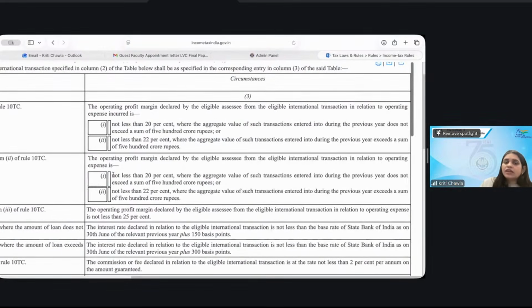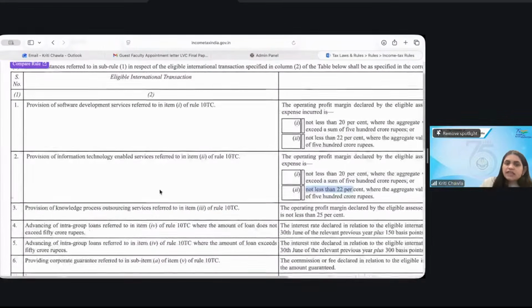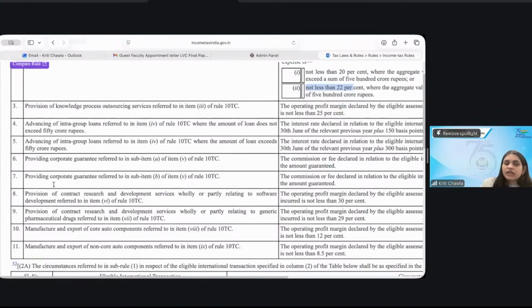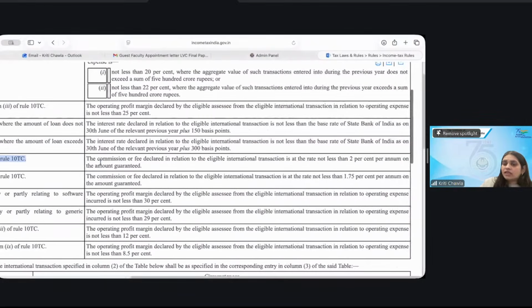They have provided not less than 20%, not less than 22%. Then they have done the same thing. If you see, these are the kind of transactions for which they have provided this. This is knowledge process outsourcing. So KPOs they have provided. Advancing of intragroup loans, they have provided for that. Providing corporate guarantee, they have provided for that.